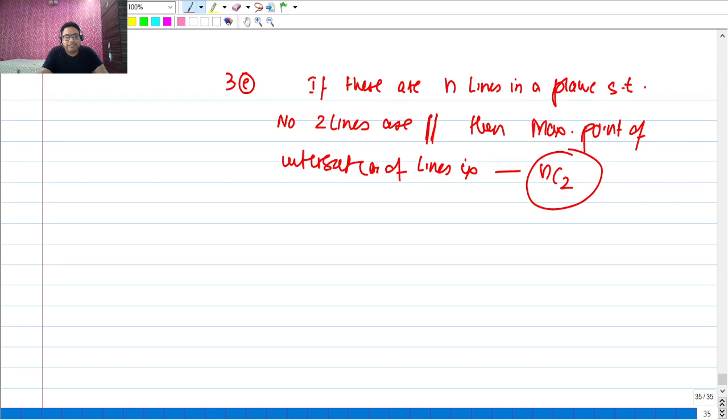NC2, because one point of intersection, guys, would require two lines, okay. So that is the reason we say maximum point of intersection of n lines is NC2. Is it 3D, I believe, or 3E?